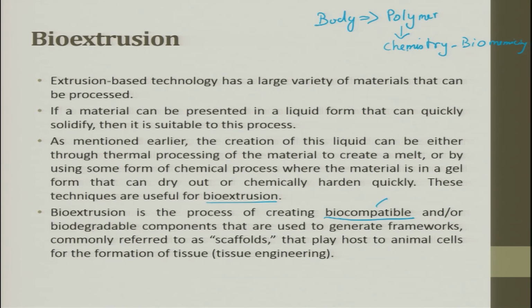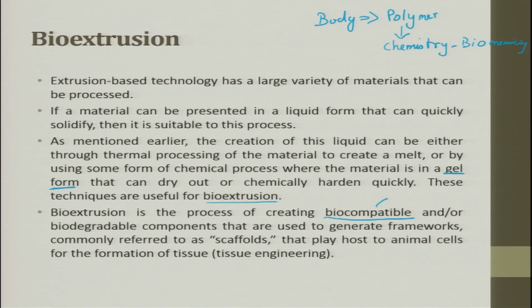So, this material is fabricated in a gel form and it is extruded. When you say it is in a gel form, if you go back and think about the extrusion process, we had a wire, and the diameter of the wire and the nozzle diameter always had a restriction.